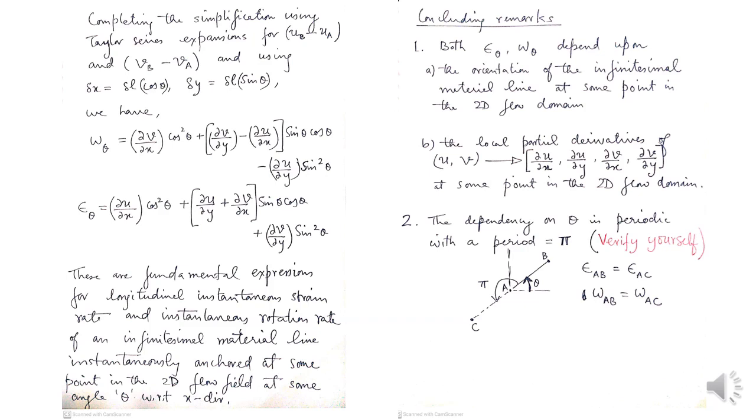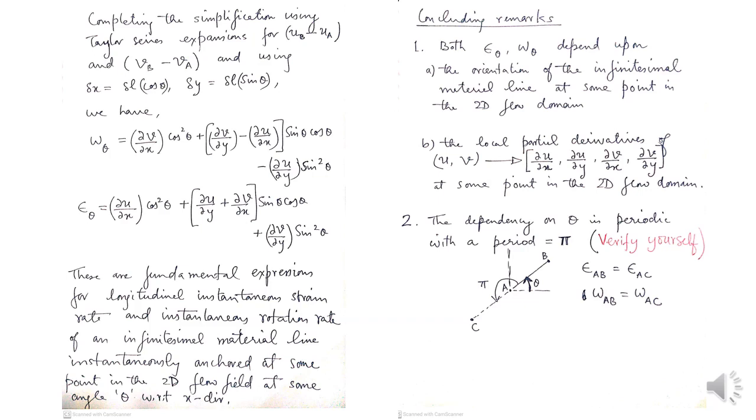So once you can write all these trigonometric ratios and their combinations in terms of a single sine or cosine of the double angle 2 theta, it is easy to state that the dependency on theta is periodic. Why periodic?